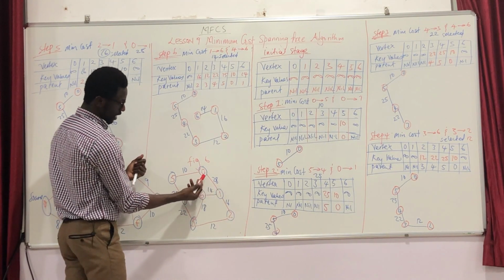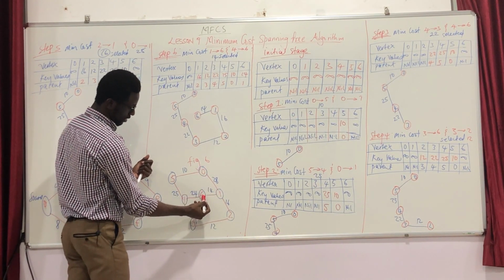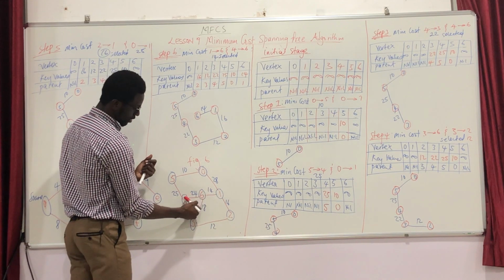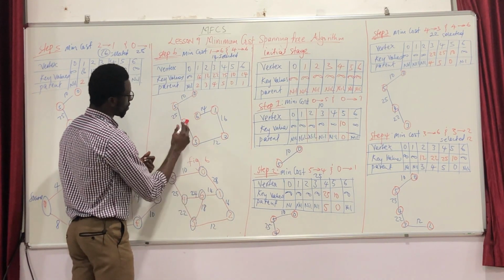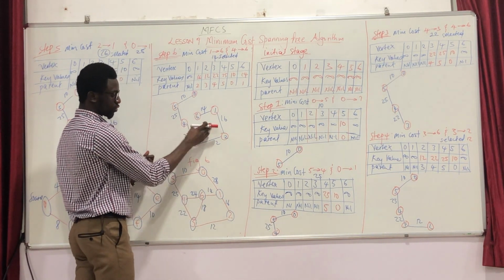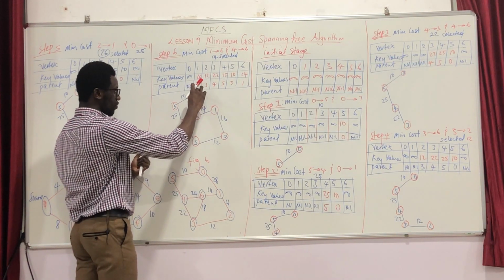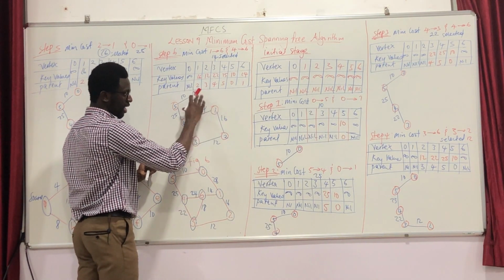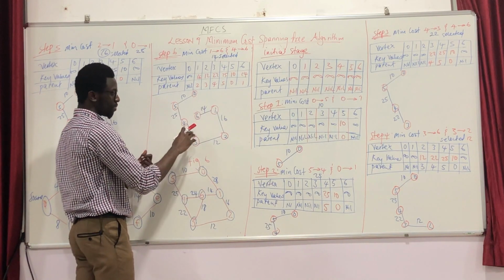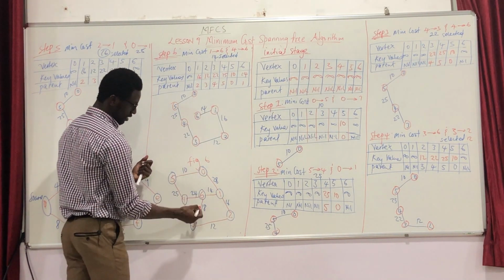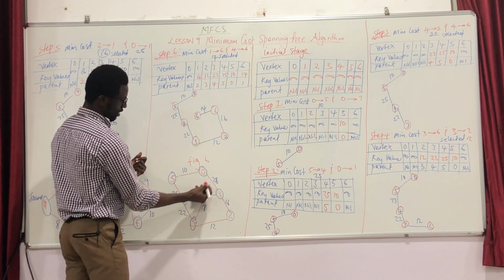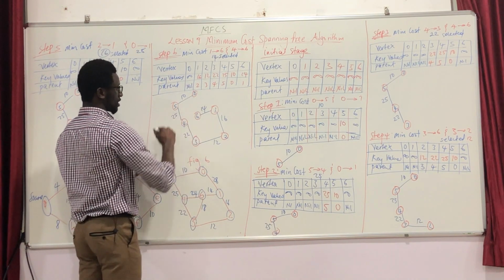Also 4 to 6 here will form a loop, so we ignore. Again, 0 to 1 here, if we select this one, it will form a loop. So we ignore these 3. So now this is our graph.